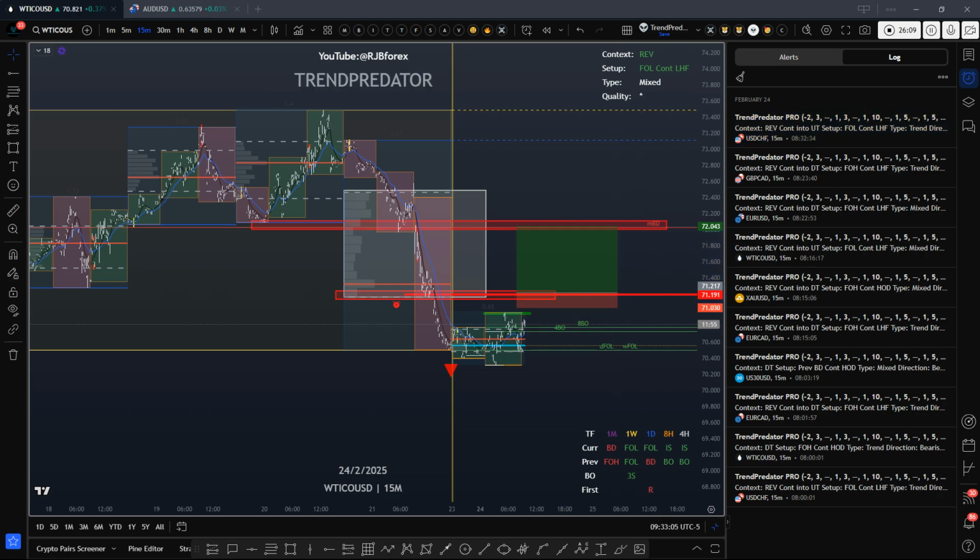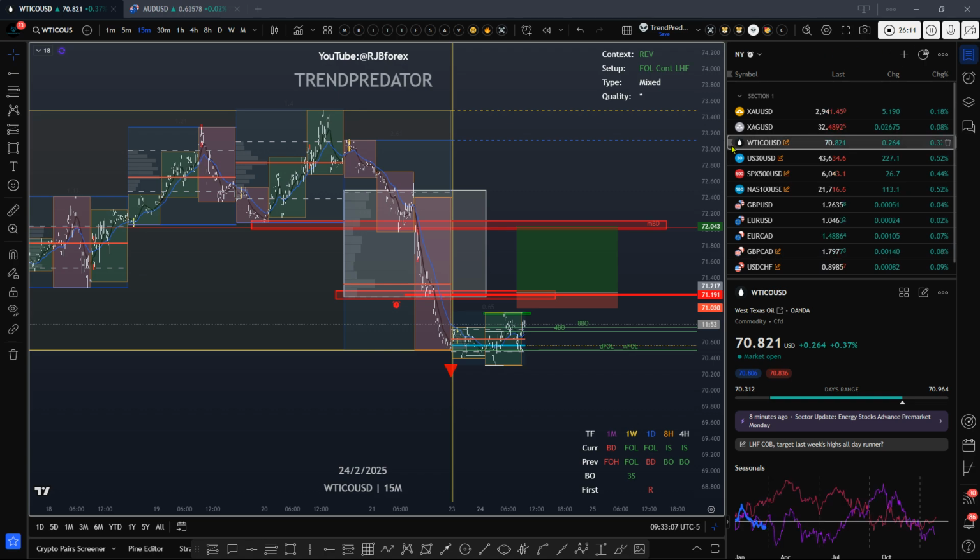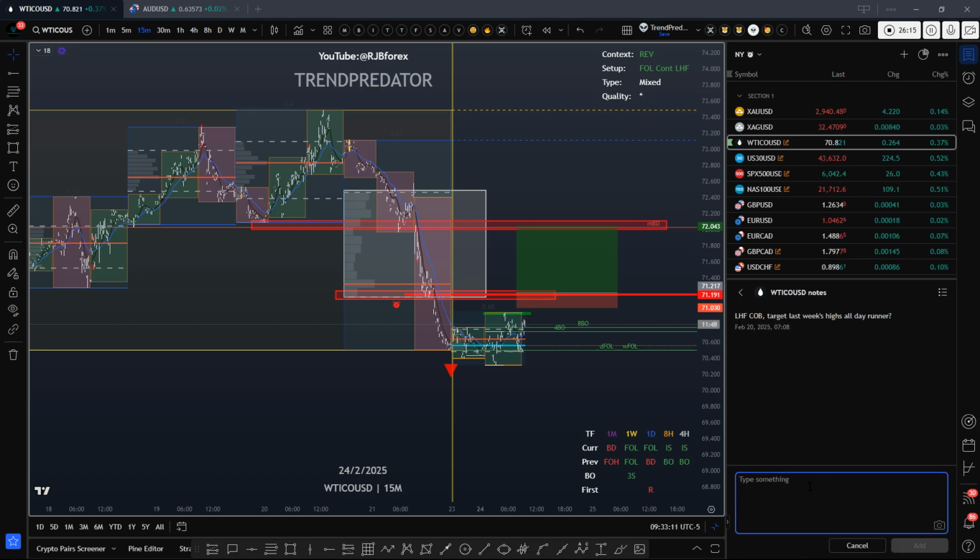Okay, so that's oil. So we mark that as bullish for the moment. And we can make notes. Bullish in Friday value of bullish above Friday value area low.